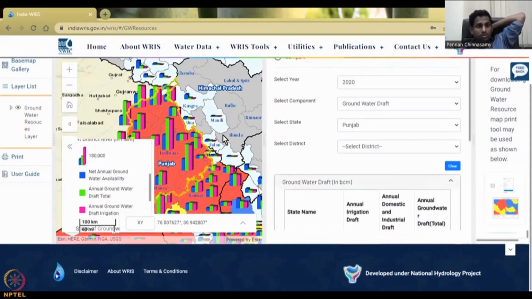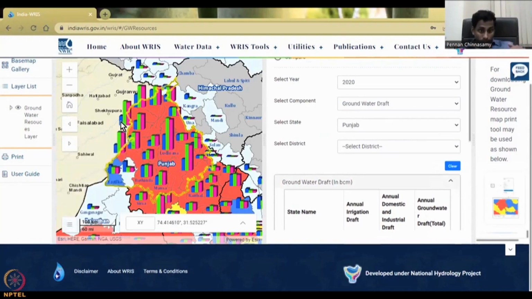You can see that the blue is lower than the green, which means of the annual recharge, you are extracting more than double. At least here you can see double, so more than 100%, 120%, 150%. That is wrong. That you cannot do. You have to look at it from a very critical angle.